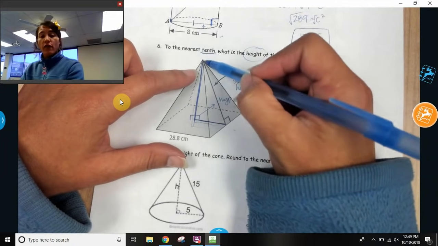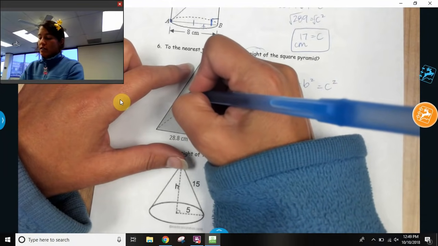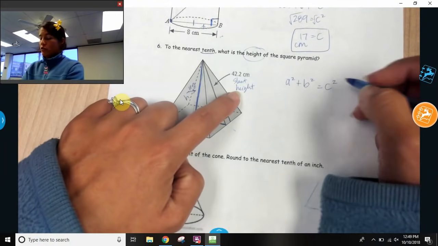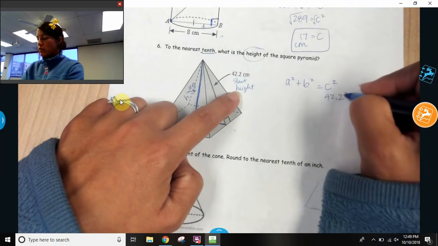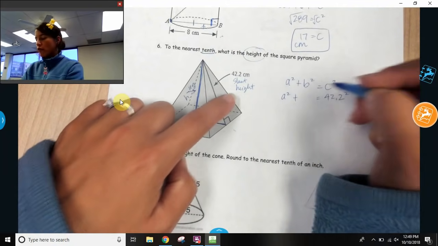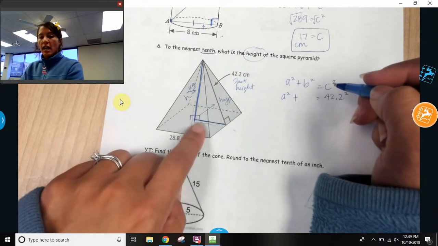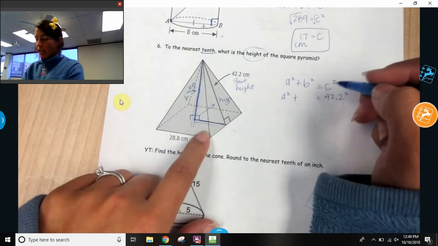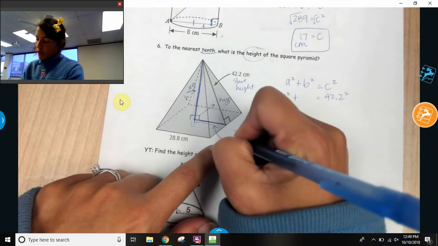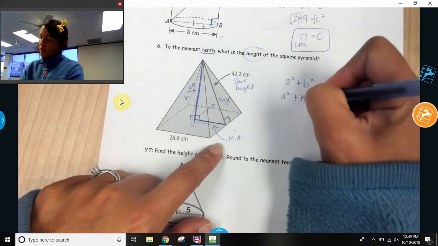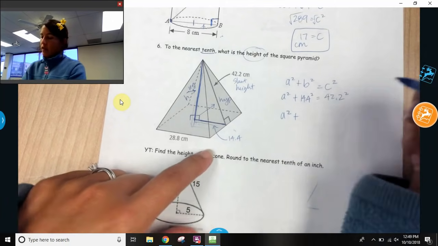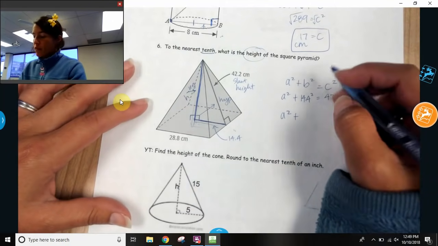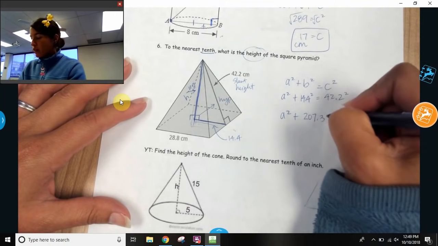I'm looking for the height, so this is the leg. I already know the hypotenuse is 42.2. I'm looking for the leg, so I'm just going to call this A. Now, what would the length of this leg be? If the whole thing is 28.8, this would be 14.4. And then 14.4 squared is 207.36.